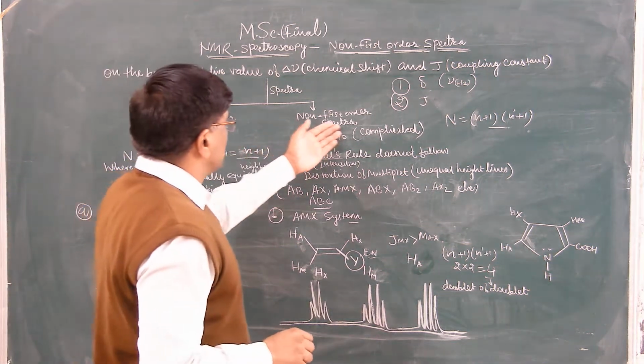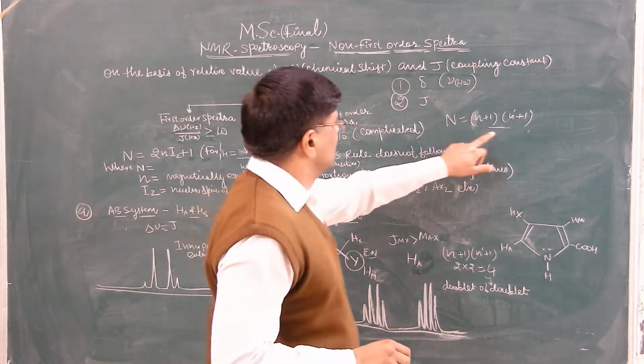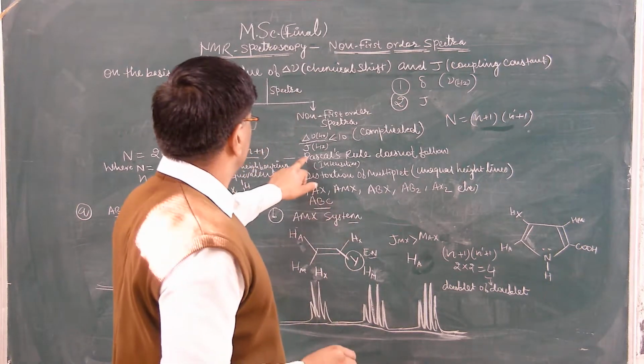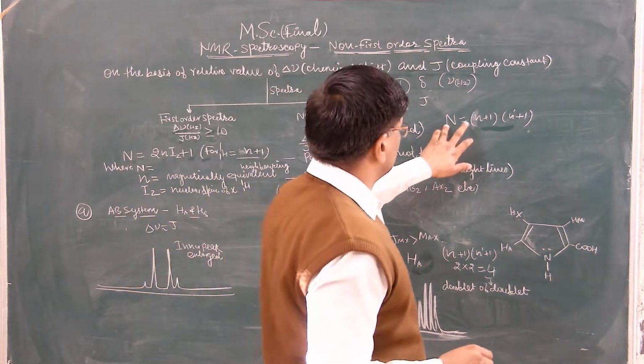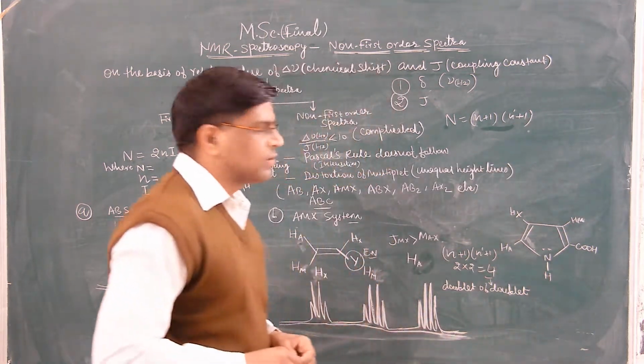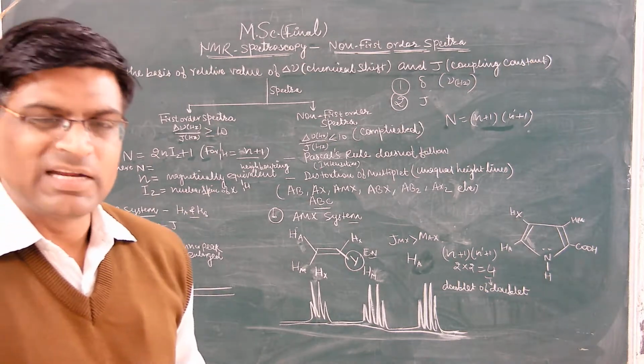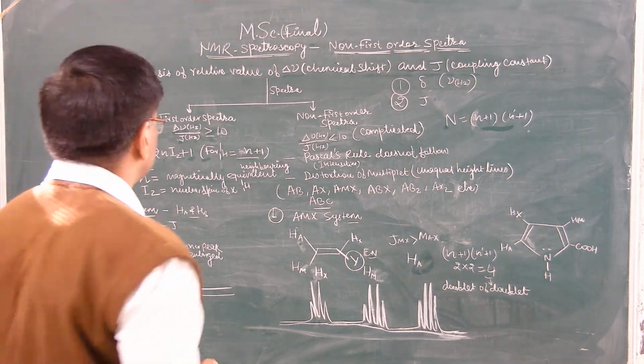And on the other hand, in non-first order spectra, this formula cannot be applied, and the other formula, N equal to (2nI plus 1) and so on, can be applied to calculate the number of peaks in a particular multiplet of proton.